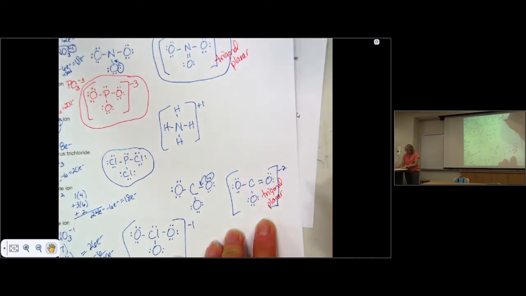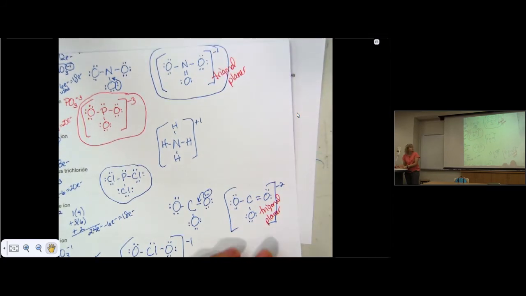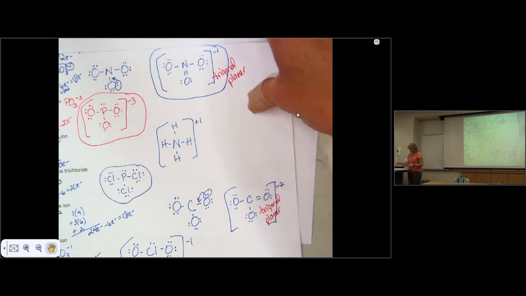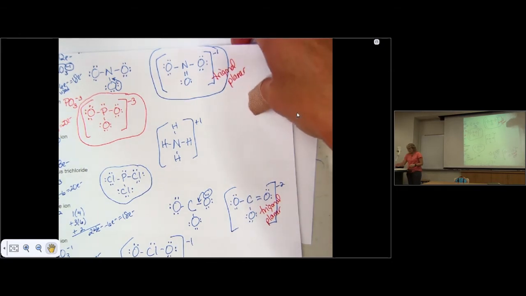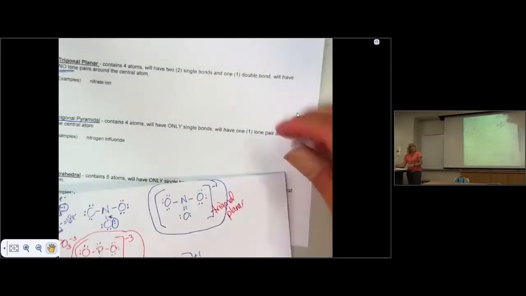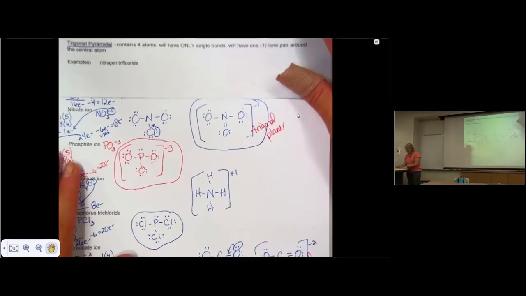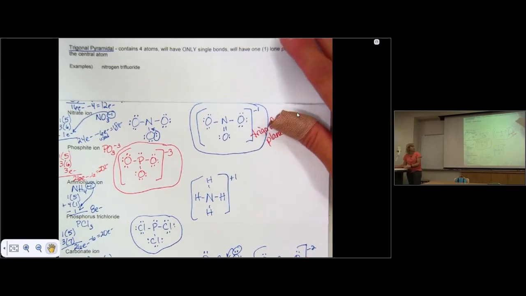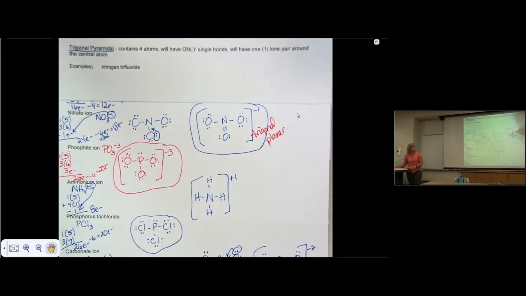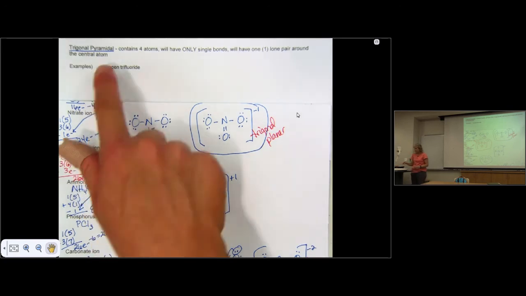So we have drawn 2 trigonal planar. One of the reasons for showing you the trigonal planar body-wise is because trigonal pyramidal makes a lot of sense when you've seen trigonal planar.